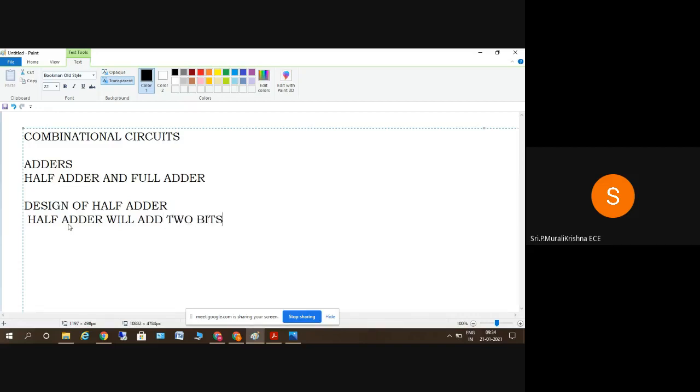Half adder is meant to add 2 binary inputs, and it will generate 2 binary outputs. So this is a half adder.